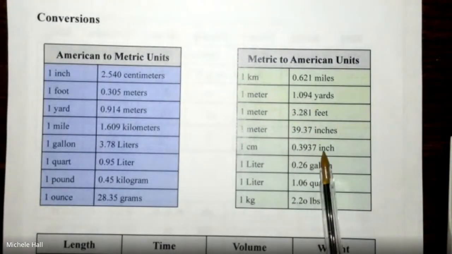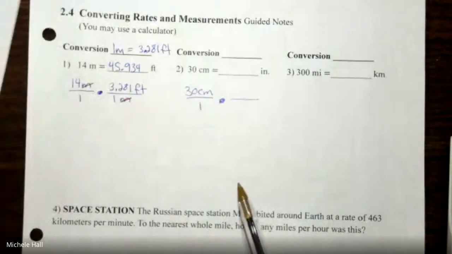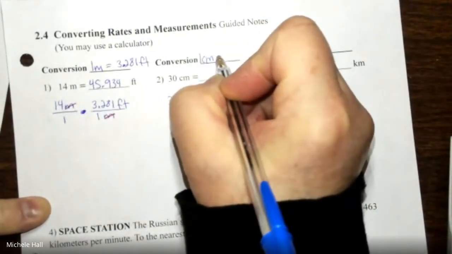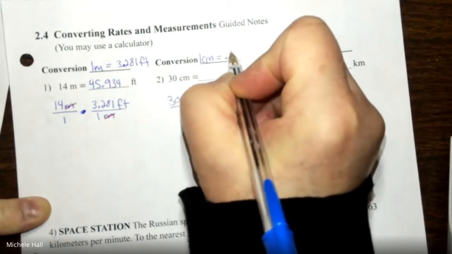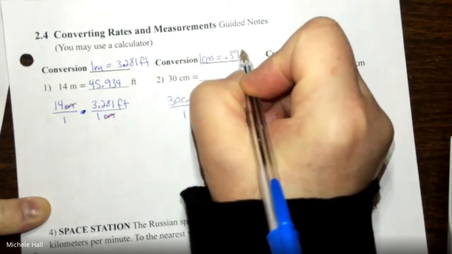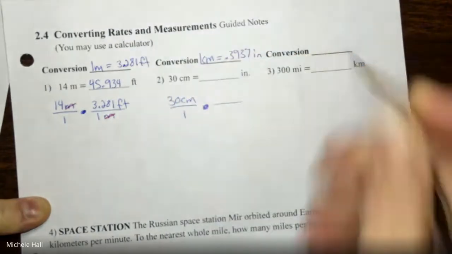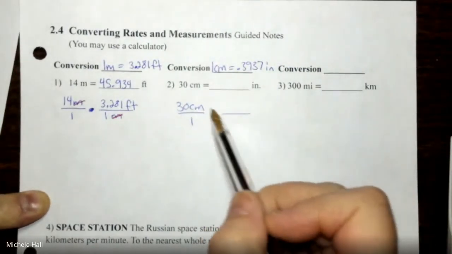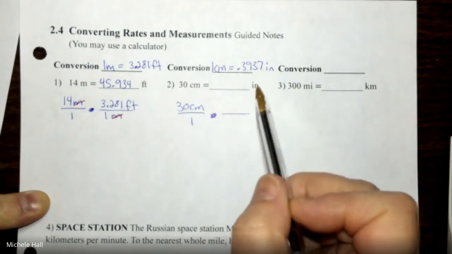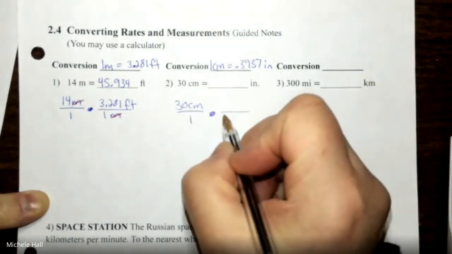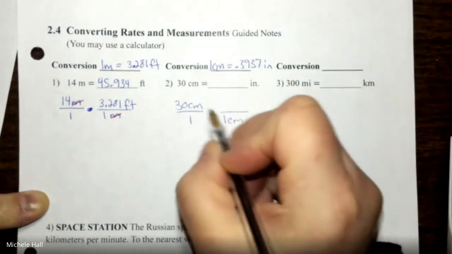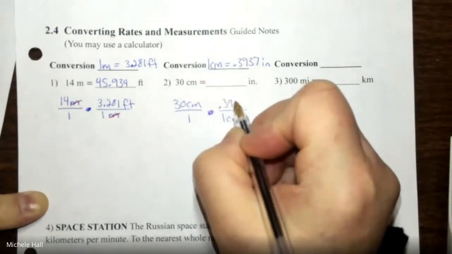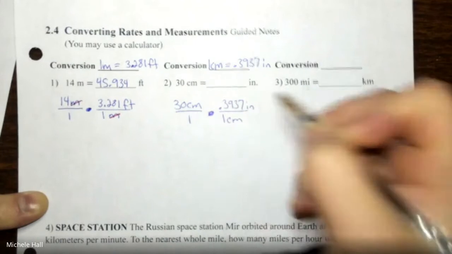Centimeters to inches. 1 centimeter equals 0.3937 inches. I want my centimeters to cancel, leaving inches to convert into. So 1 centimeter would have to go in the denominator to cancel, and that leaves 0.3937 inches in the numerator.